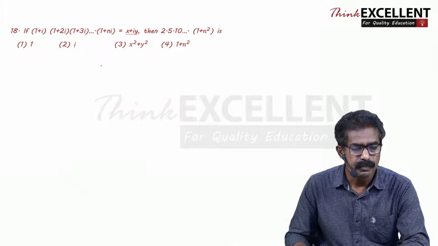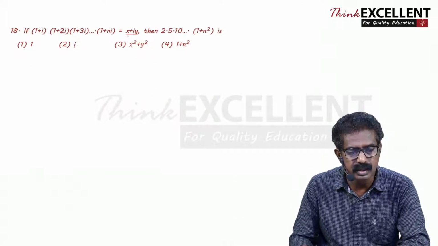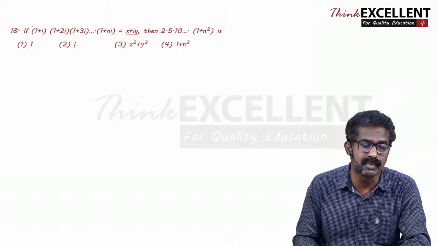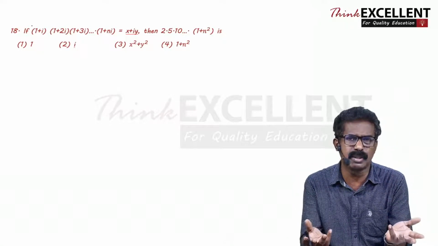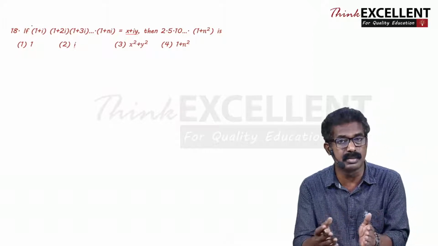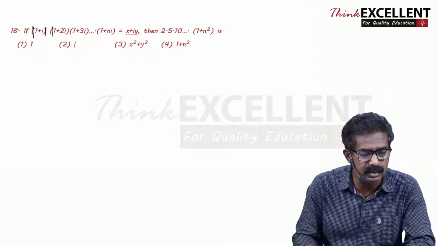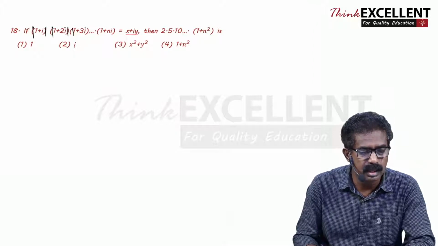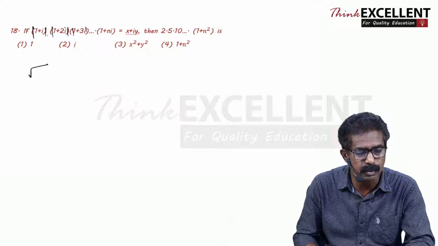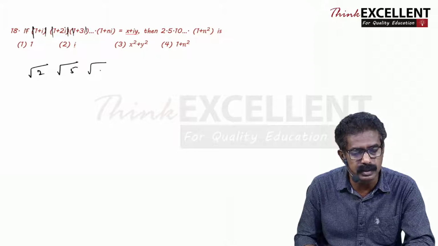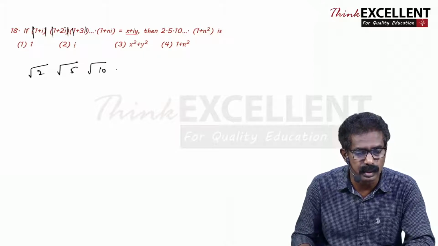Sum number 18: if this is equal to x plus iy, then they ask to find something. Here the method is you take the modulus, first the entire modulus. This is an objective question, so you can do it very shortly. If they ask a 3 mark or 2 mark question, you write the steps. First you take the whole modulus, then you split it, taking the modulus for every term. So modulus means root of 1 square plus 1 square, 2; root of 1 square plus 2 square, 5; root of 1 square plus 3 square, 10; and so on.